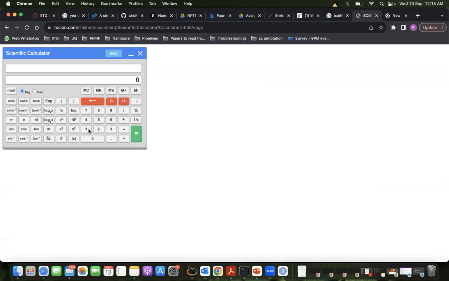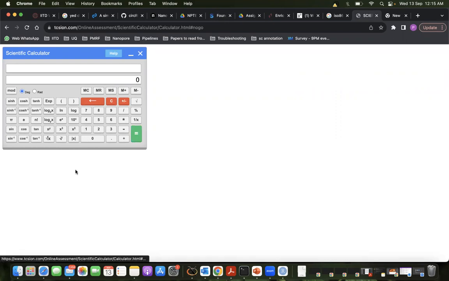So this was your scientific calculator, right? If you are to be given a scientific calculator, this is what will be provided to you for your exam. You can check here, there's this option log yx. Now log yx means the first number, x, is the number of which you want to find the log, and the second number, y, is the base.